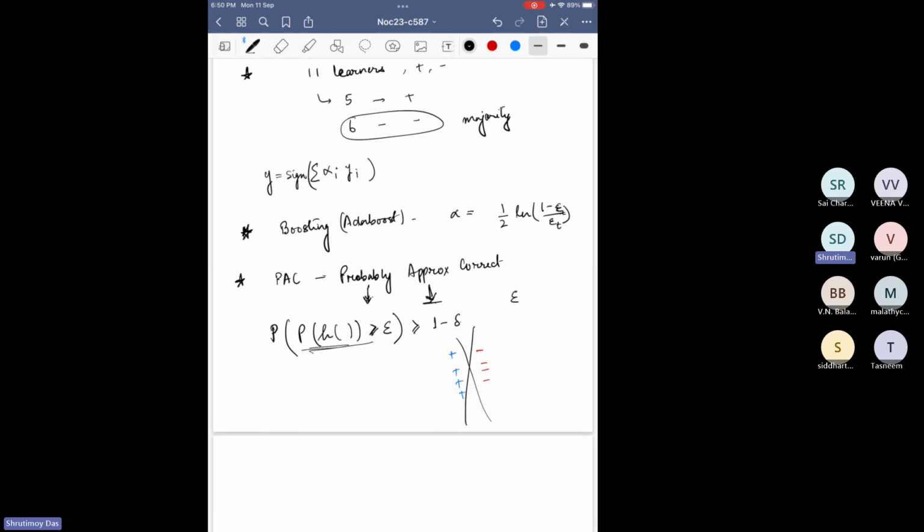So epsilon is the probability of error, and 1 minus delta is your confidence in the hypothesis. Okay, sir.